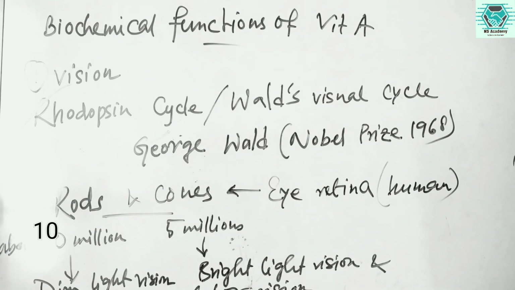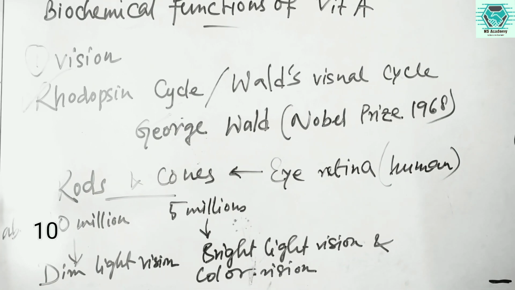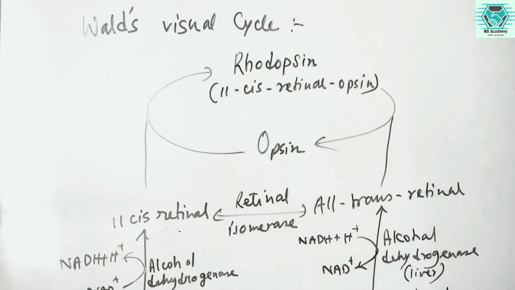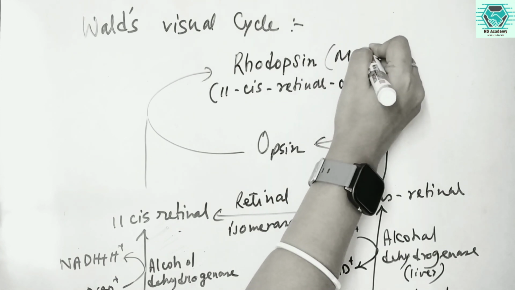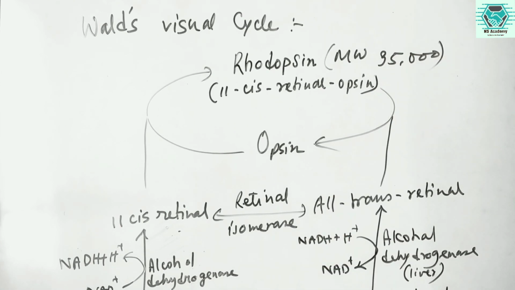Now what about Wald's visual cycle? Okay, so now see the cycle. Rhodopsin has a molecular weight of 35,000, and it is a conjugated protein present in rods.